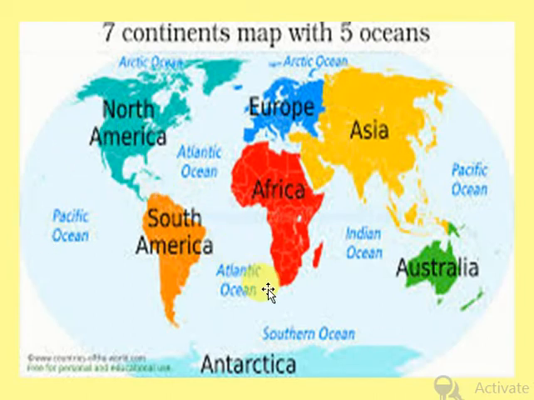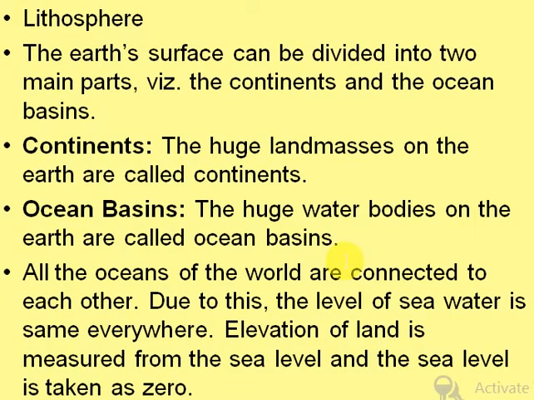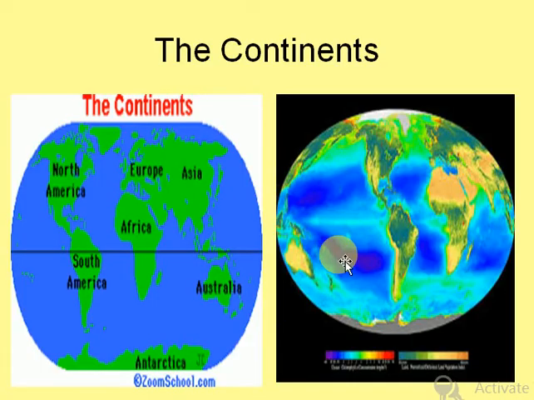All these oceans are connected with each other. So the level of sea water remains the same everywhere. And the elevation of land is measured from the level of the sea, which is taken as 0. So this is interesting that the level of sea water remains the same everywhere.